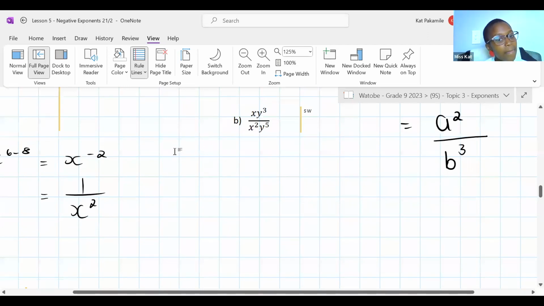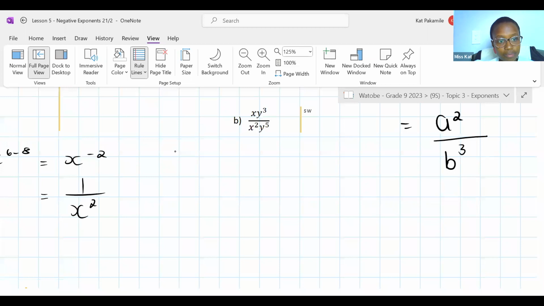So to start off, we are going to put exponent 1 to the variable x. Okay. And then after, we have to subtract the exponents since we're dividing. So tell me what to write.